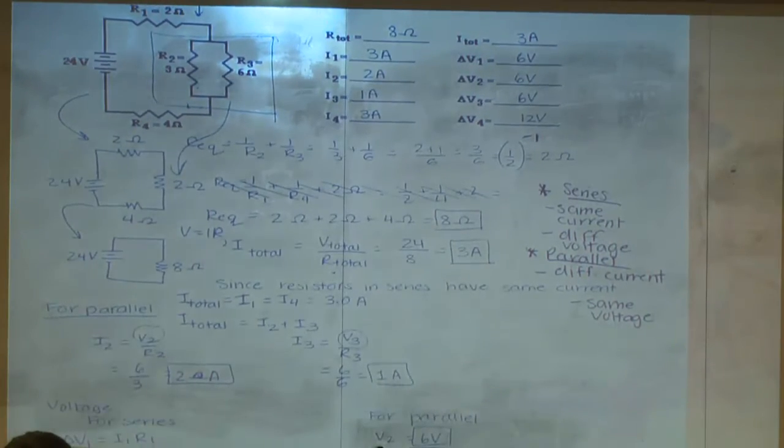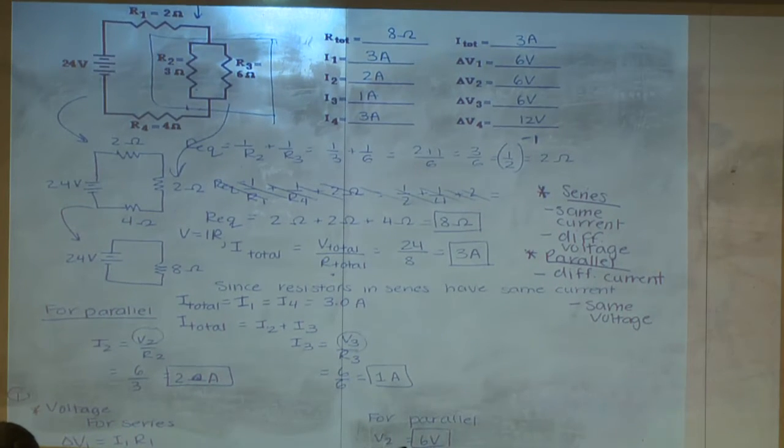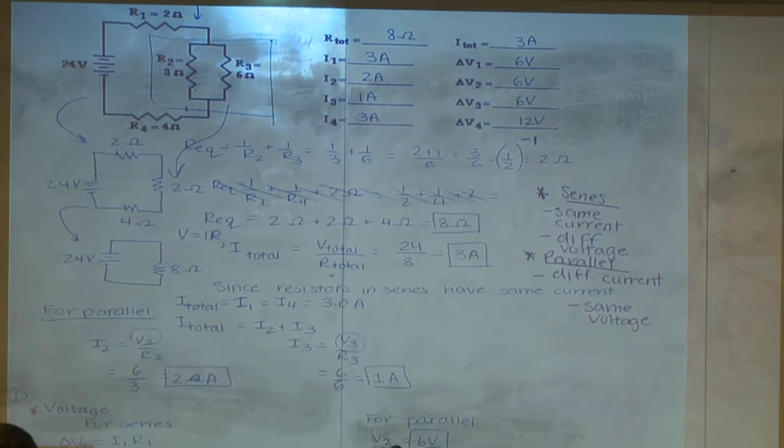For the voltage in series, because it's going to be different, we have to calculate this first. Therefore, it's going to be V equals IR. The voltage for resistor 1 would be 6 volts, because it's the current times the resistance, so 3 times 2 gives you 6 volts.